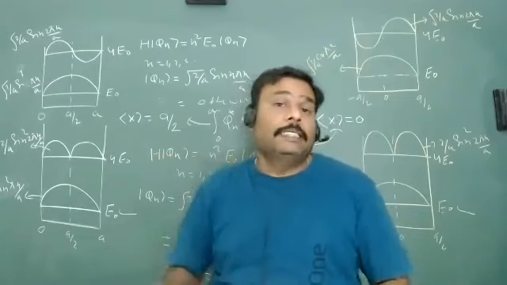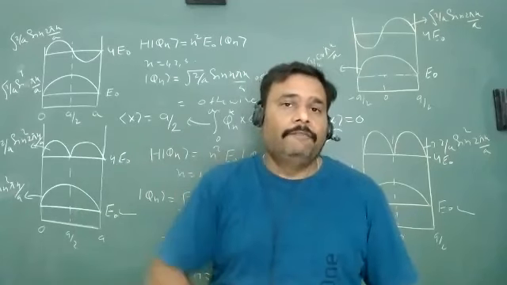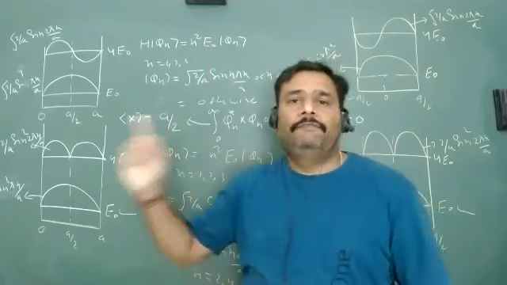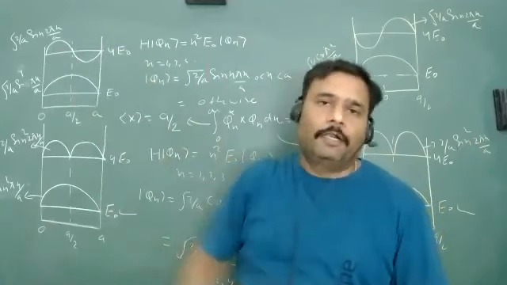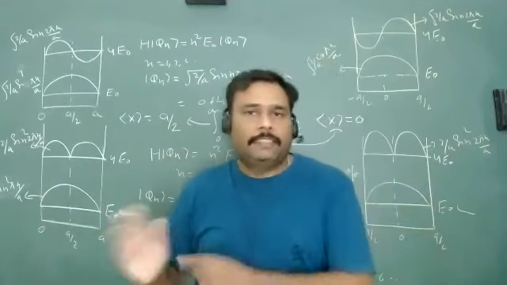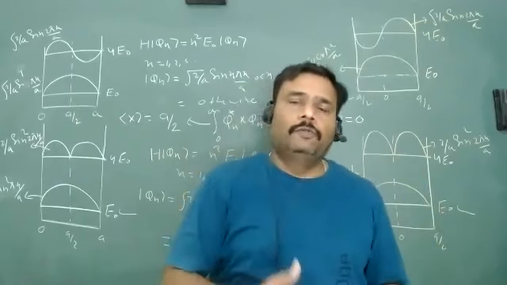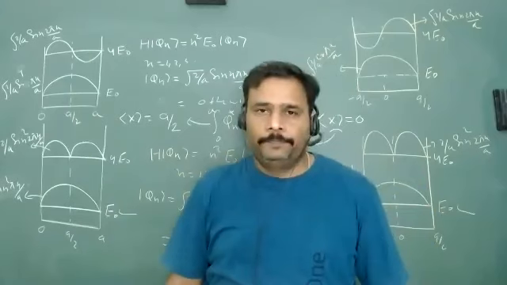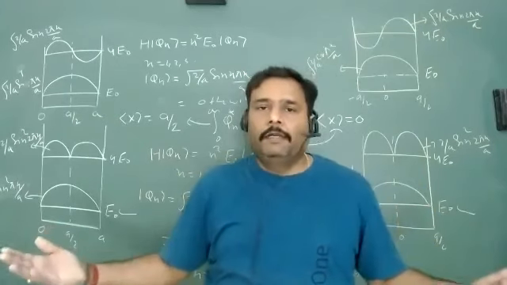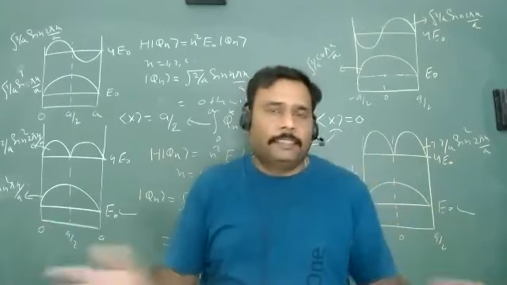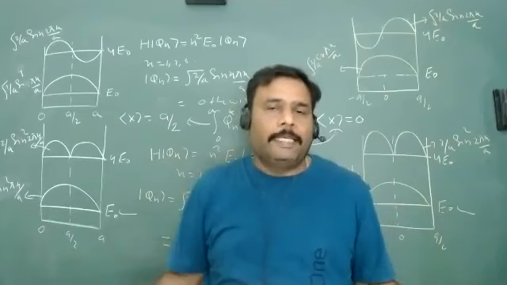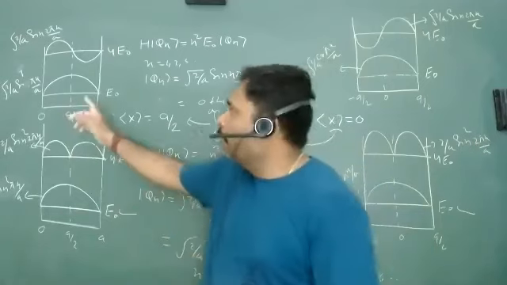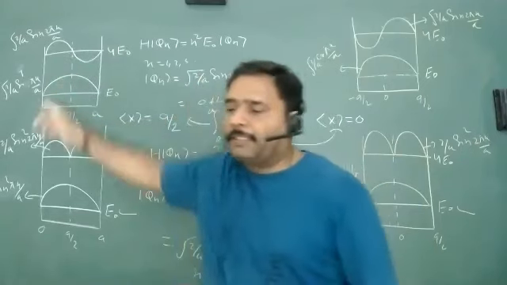It will remain symmetric for n equal to 1, 3, 5, or n odd, and it will remain antisymmetric for n even, or 2, 4, 6, and so on. So it's a beautiful thing that the physics is not going to change. Physics will remain the same. What changes is the representation of the wave function.